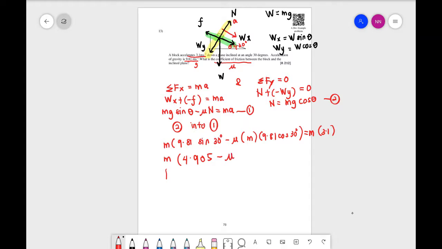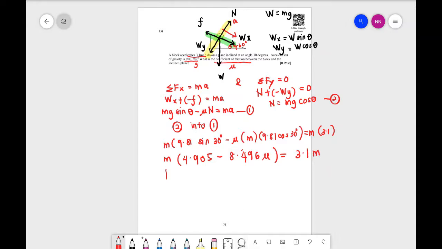We already factorized m, and then we calculate the value of 9.81 times cos 30 degrees, which equals 8.496. So 8.496 mu equals 3.1 m.